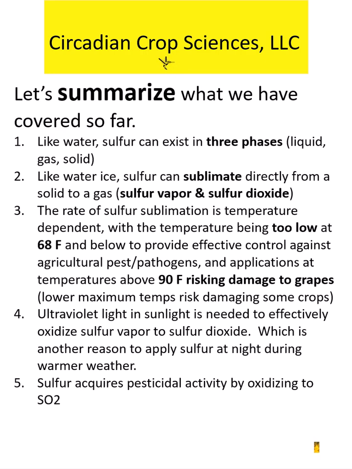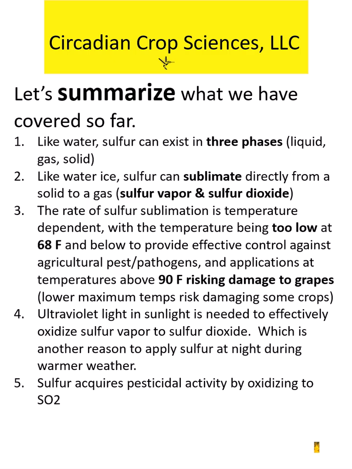Let's summarize what we have covered so far. Like water, sulfur can exist in three phases: as a liquid, as a gas, and as a solid. Like water, sulfur can sublimate directly from a solid to a gas. In the case of sulfur, we're looking at sulfur vapor and sulfur dioxide as the two gases.